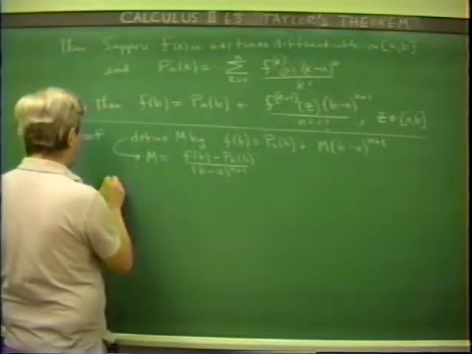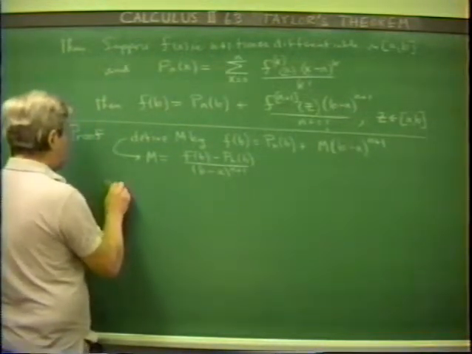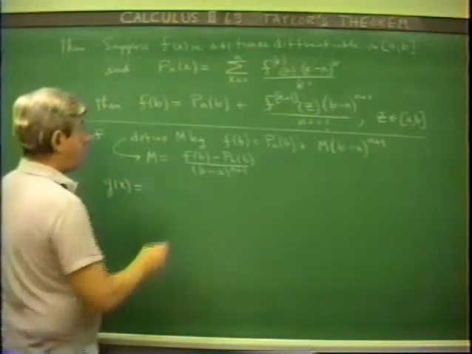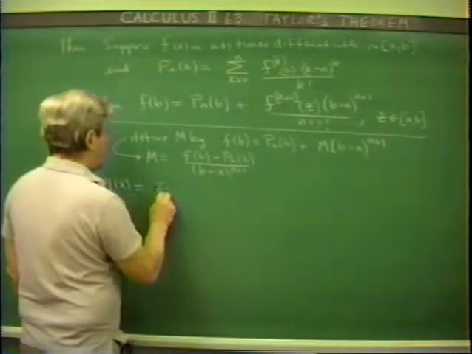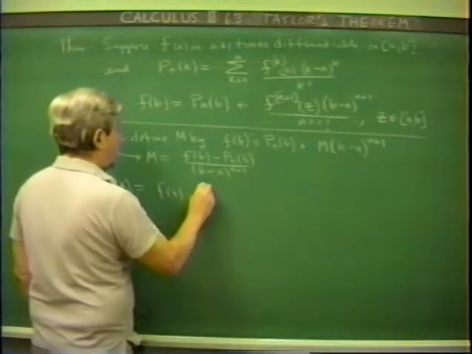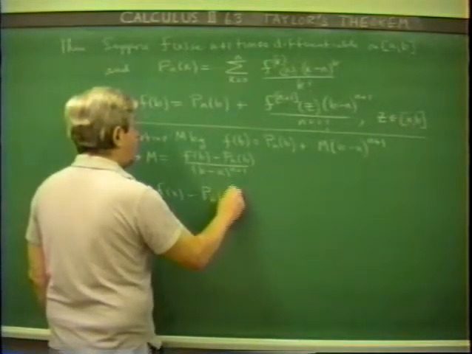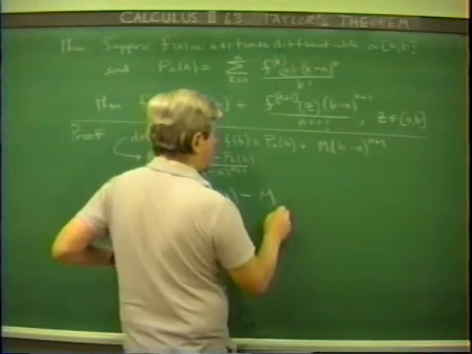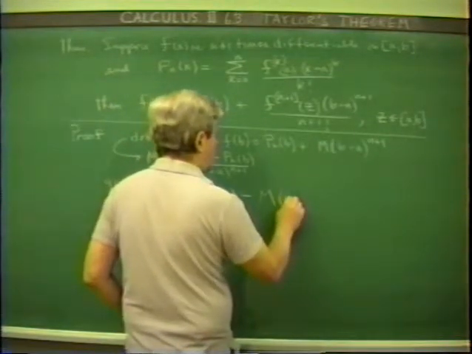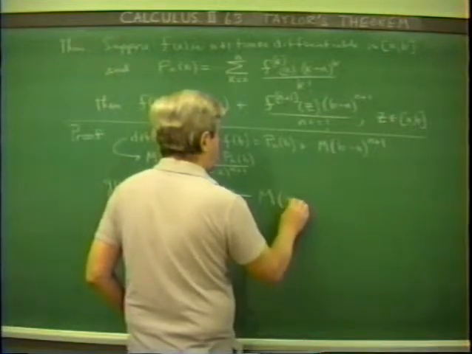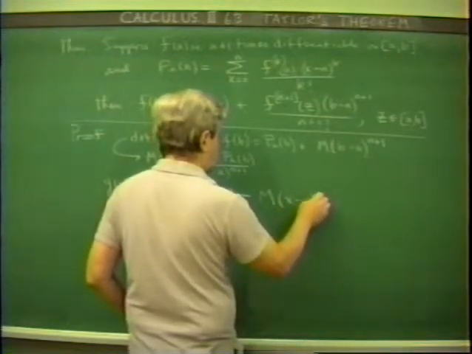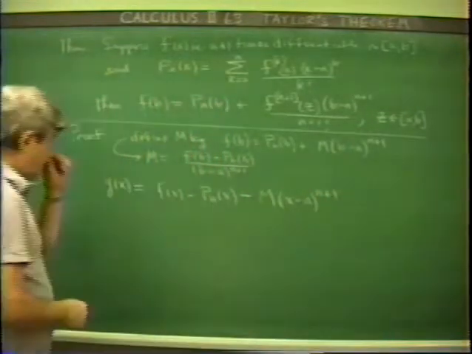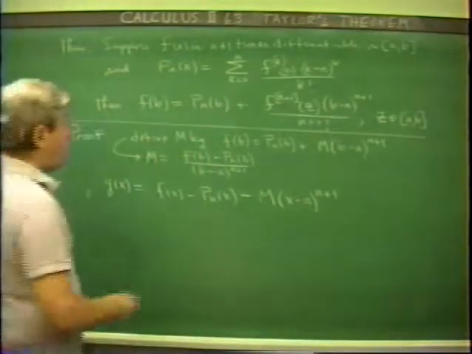Now we let g of x be defined by f of x minus Pn of x minus m times (x minus a) to the n plus 1.